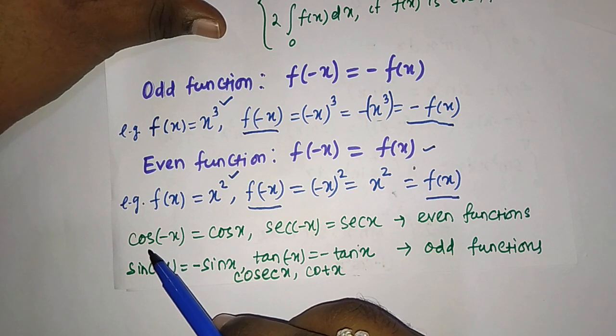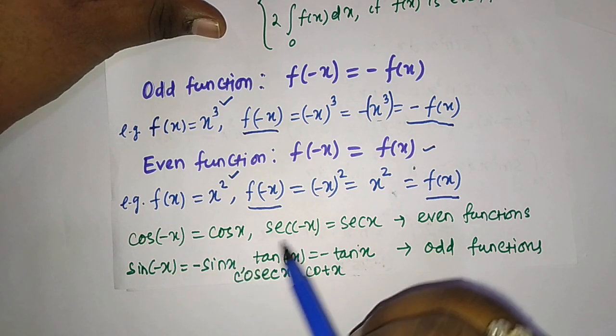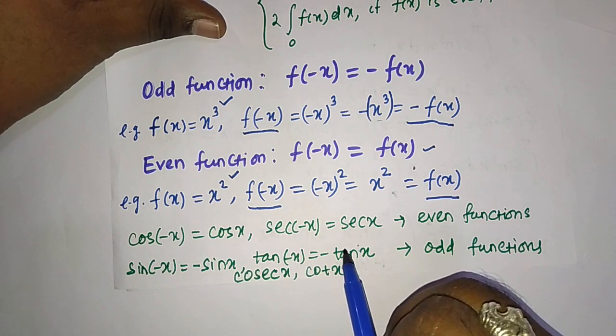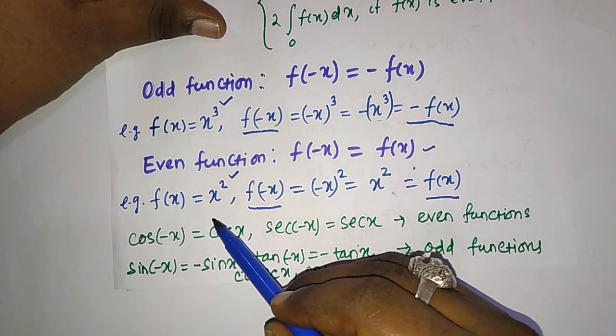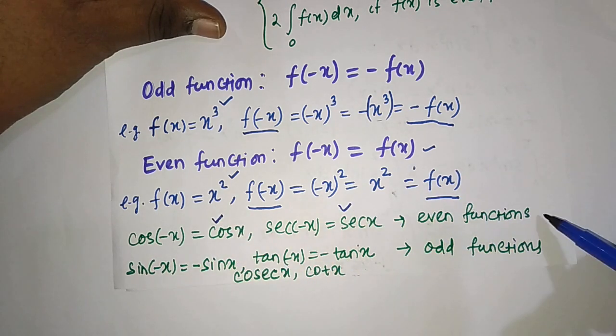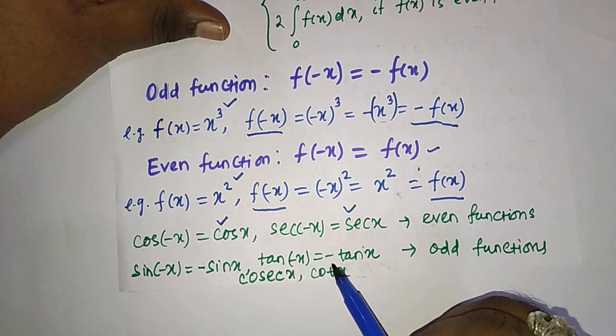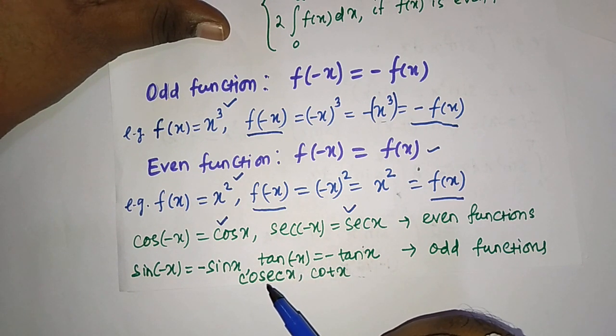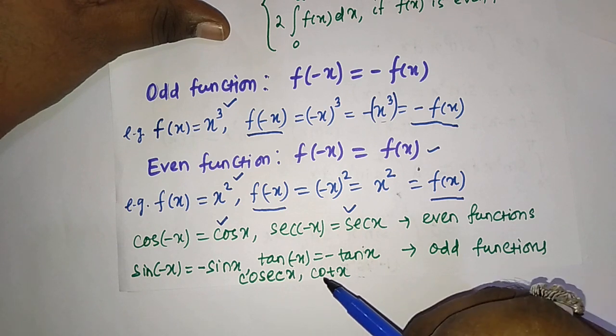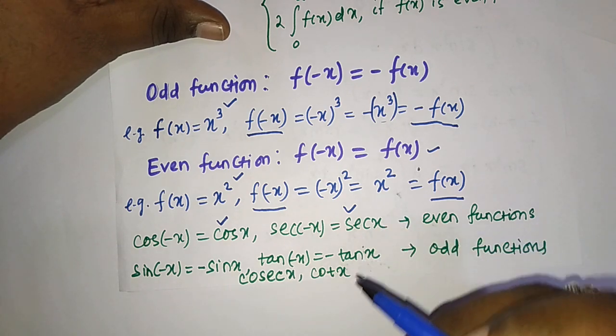In trigonometry, cos minus x is equal to cos x and sec minus x is equal to sec x. Then only cos x and sec x are the even functions in trigonometry. And sine of minus x is minus sine x, tan of minus x is minus tan x, cosec of minus x is also minus cosec x, cot of minus x is also minus cot x.